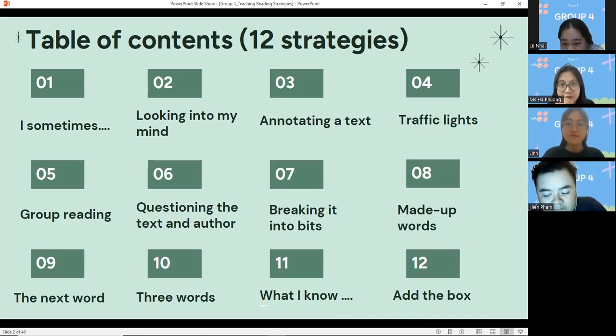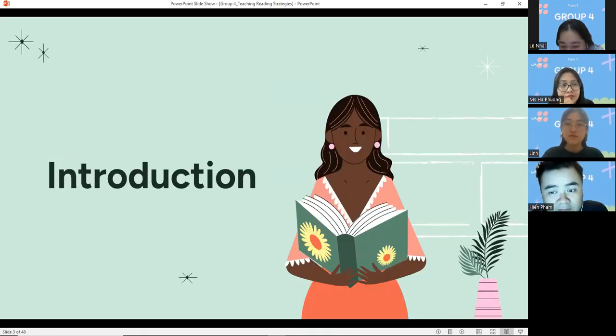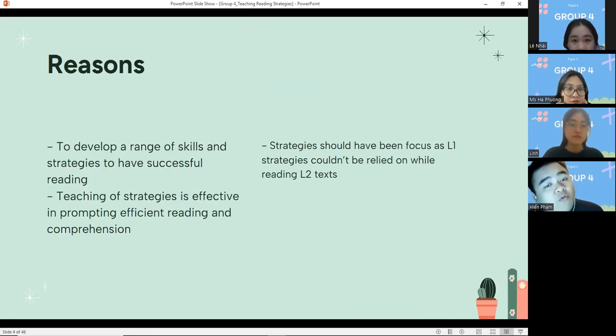And before we talk about those strategies, I would like to introduce a little bit about teaching reading. So why do we need to teach reading? It is said that it is necessary to develop a range of skills and strategies to have successful reading for the learners.